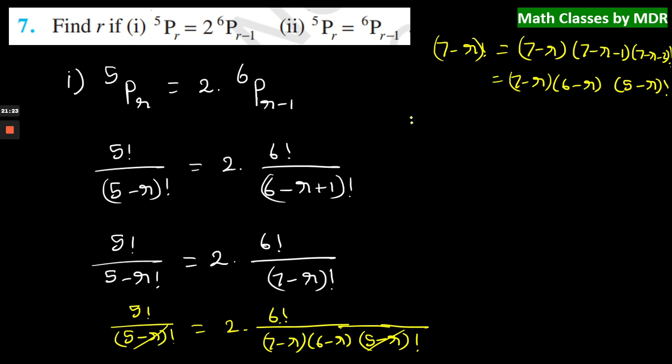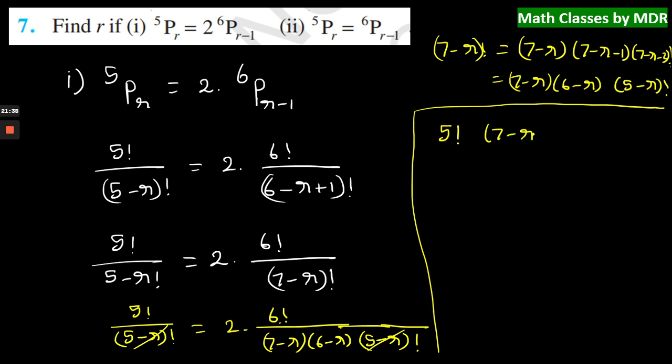So now you can get 5 factorial. Maybe you can write like this also. So 5 factorial into (7 minus r) into (6 minus r) is equal to 2 into 6 factorial. So now 5 factorial you can take to the right hand side.